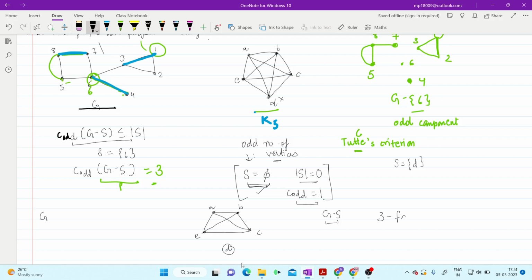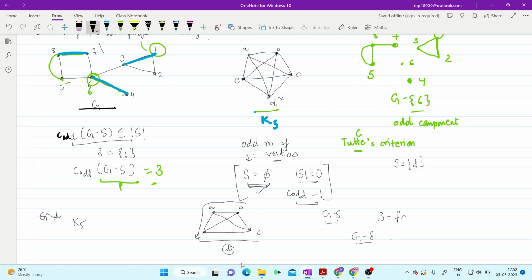If you just consider K5, I'm saying this subgraph is not a three factor of K5. But if you are taking your G as a three regular graph, then when you are taking G minus S, you are getting a three regular graph.